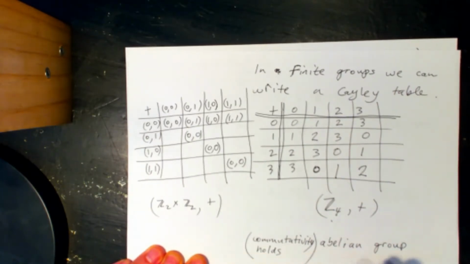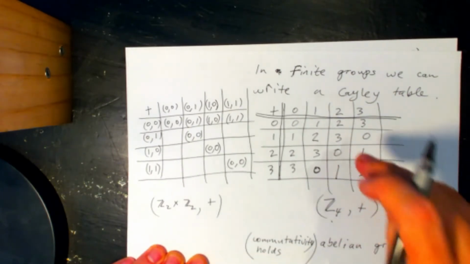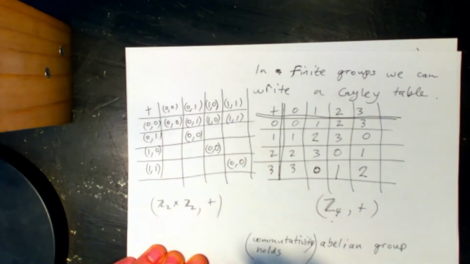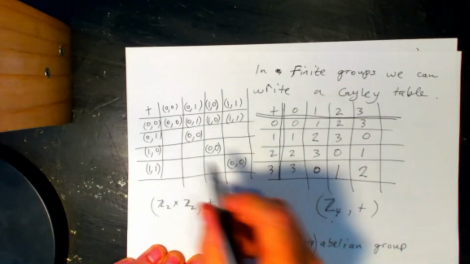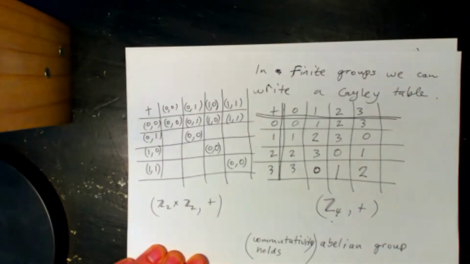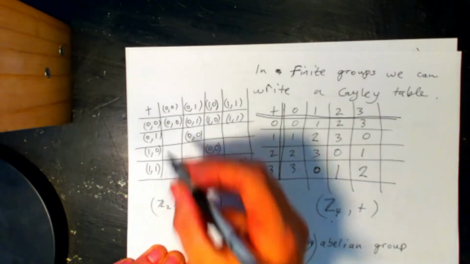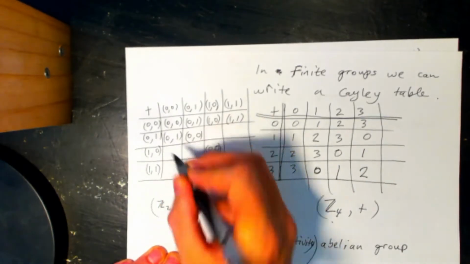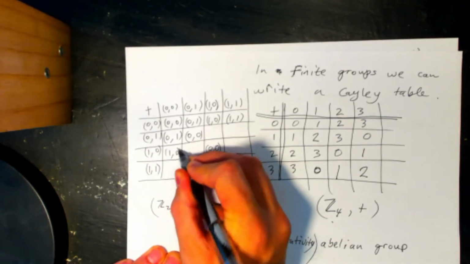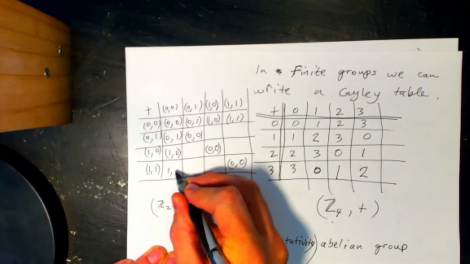When it holds, we call it an abelian group. So this is an abelian group, this is an abelian group. That means that we have a symmetry about the diagonal in the Cayley table. So 0, 1, 1, 0, 1, 1.